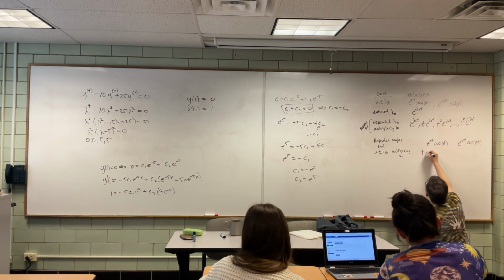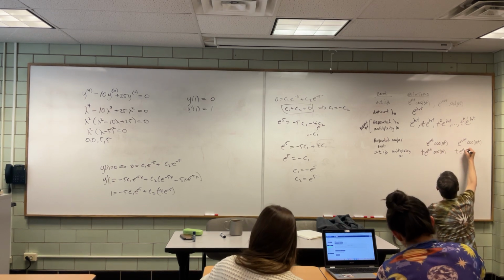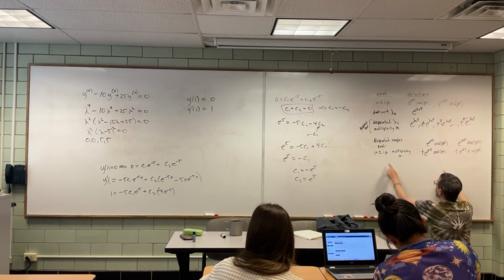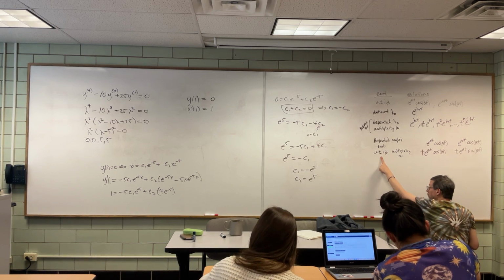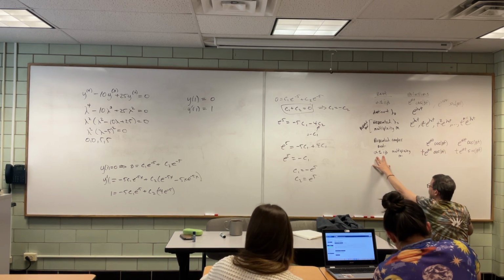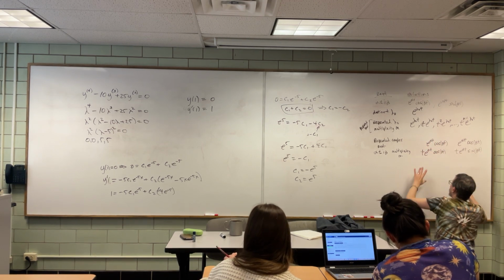So the next one's going to be t e to the alpha t cos beta t, t e to the alpha t sine beta t. Both of these. So if I had this root repeated twice, I had 1 plus i multiplicity 2, I would have 4 different things to add together.